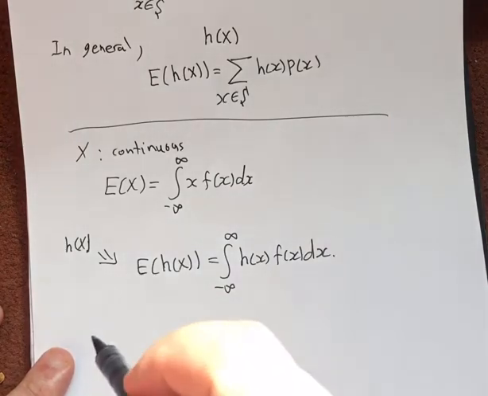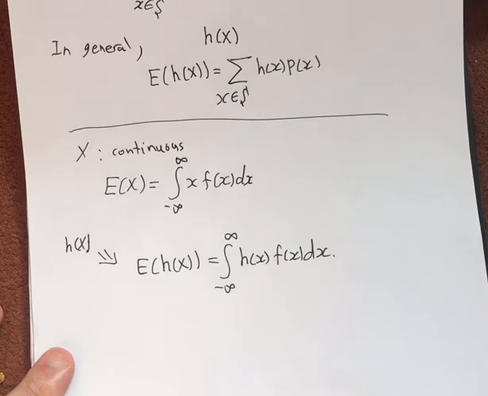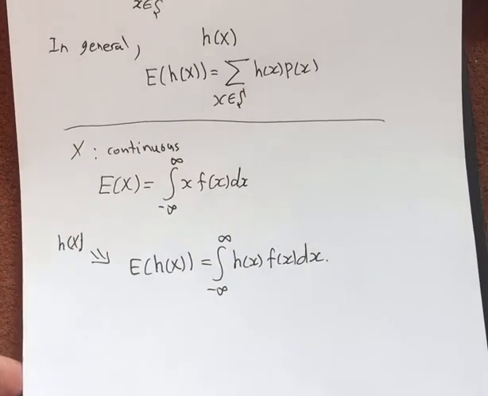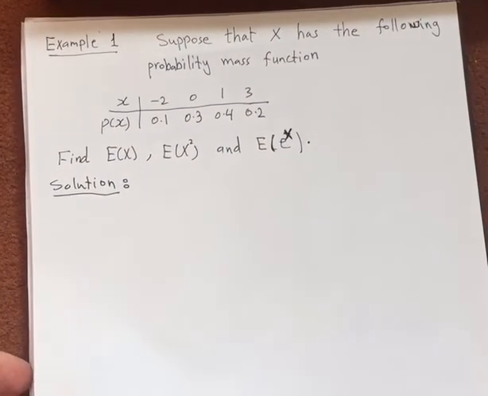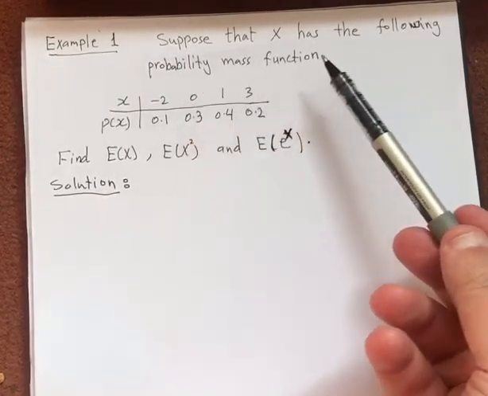Now we'll take two examples. The first example is discrete, and the second example is continuous. Let's take the first example. Suppose that X has the following probability mass function.